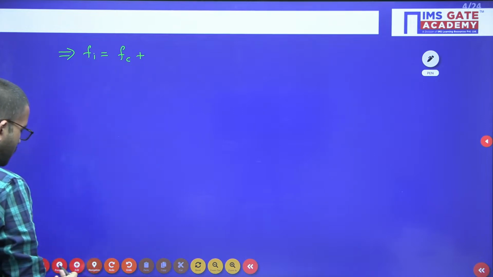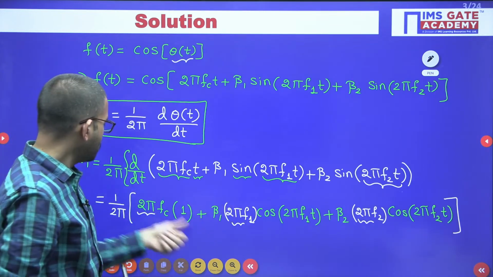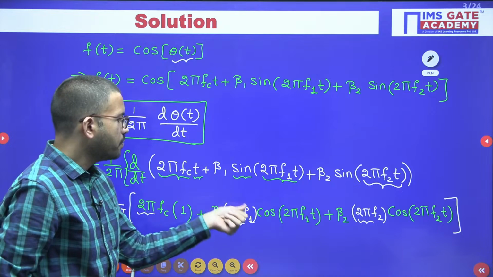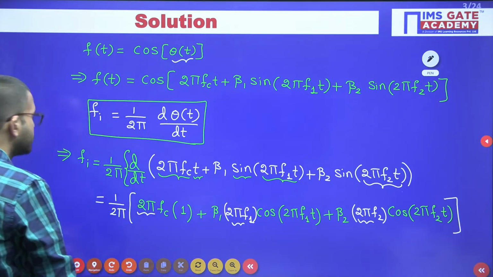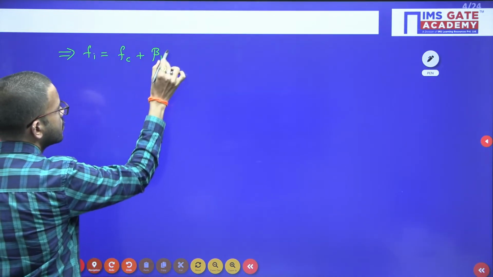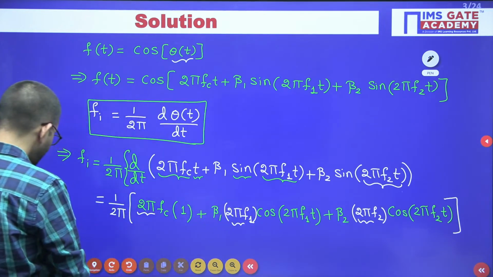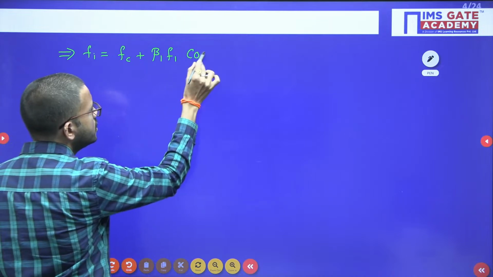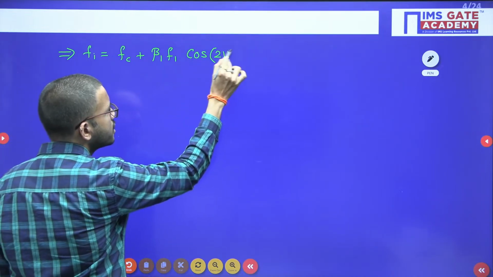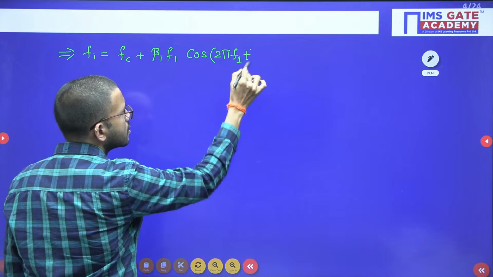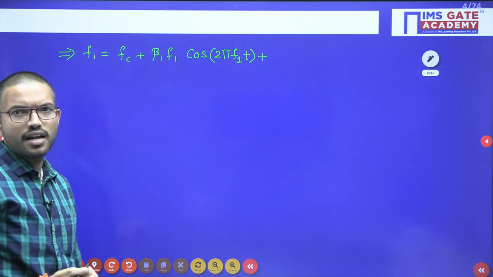plus, here 2 pi will get cancelled. Next, beta 1 f1 into cos 2 pi f1t plus. Similarly, you can write the last term.